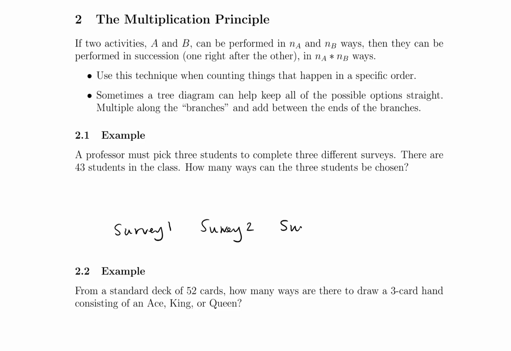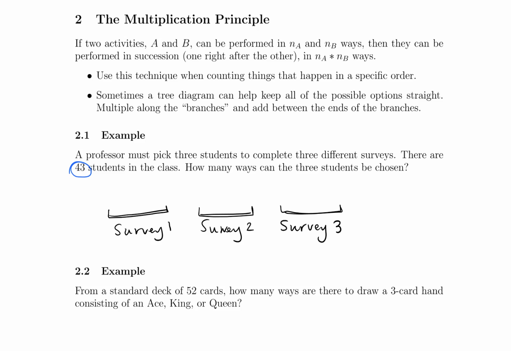And what I want to do is determine how many people could complete survey 1, how many people could complete survey 2, and how many people could complete survey 3. Now remember, the professor has 43 students in total, and the professor is picking 3 students to complete, 1 for survey 1, 1 for survey 2, 1 for survey 3.